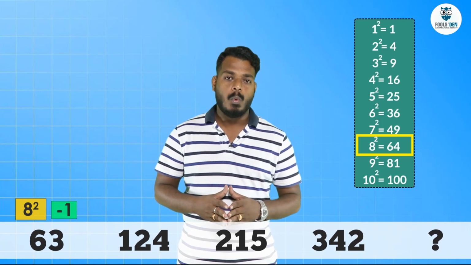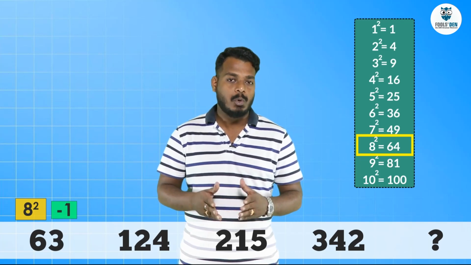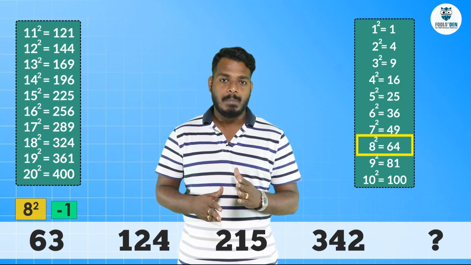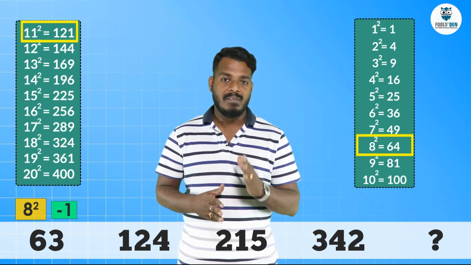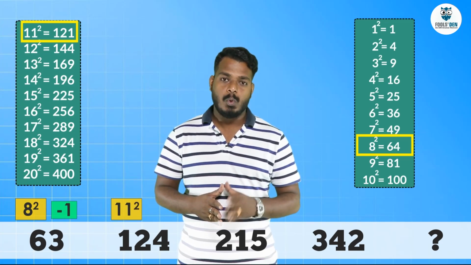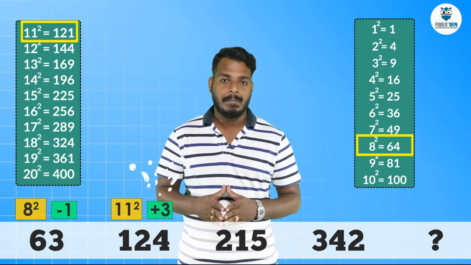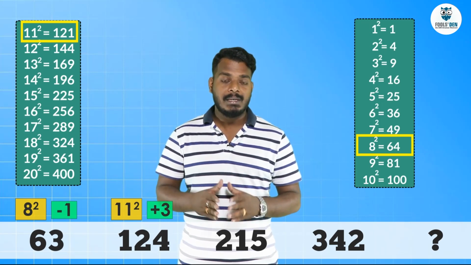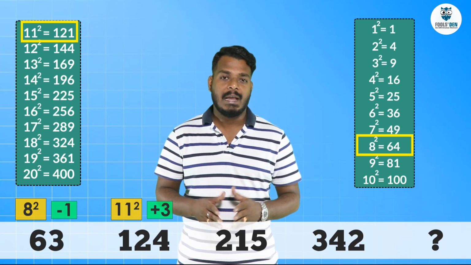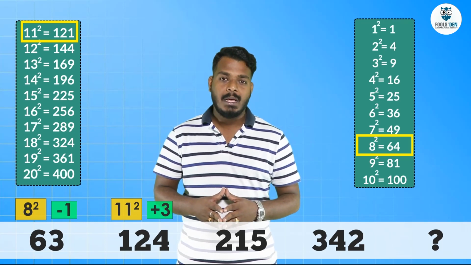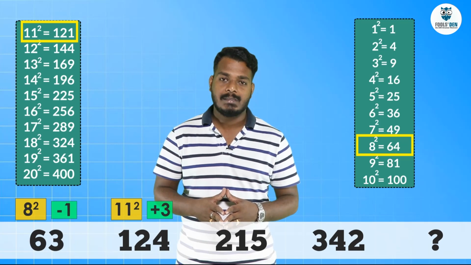The next term, 124, can it be related to a square? Yes, it can be related to 11 square. 11 square is 121. So 11 square plus 3. But the third term, that is 215, cannot be related to any of the squares because it is not close to any of the squares.